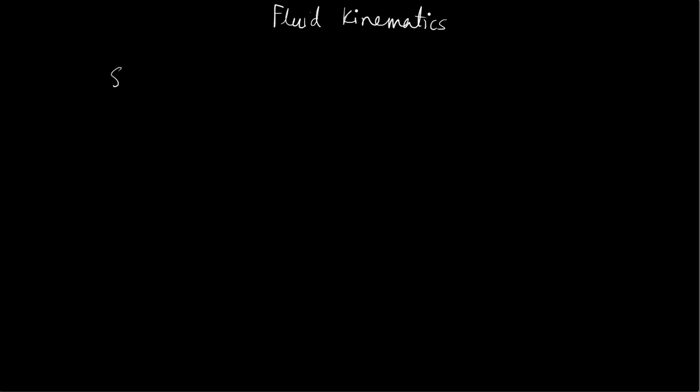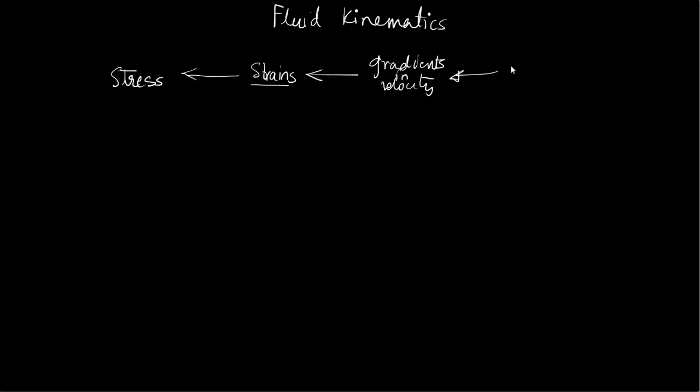So, in order to understand how stresses are set up in a fluid, we must also understand how rate of strains are set up. And rate of strains, as we had earlier seen, are somehow related to the gradients in the velocity. So it is important for us to understand how the velocity field can be described in a given flow.